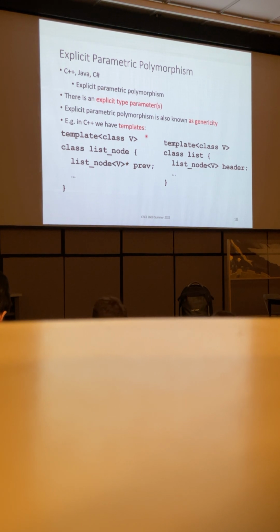Hopefully that rings some bells for you, right? So we have a template where we define that this is the class parameter in angle brackets, class V, right? So V is a class, and then we can use this V whenever we need to say, well, this is a list node where each element is an instance of V. All right, so that's how it looks in C++.